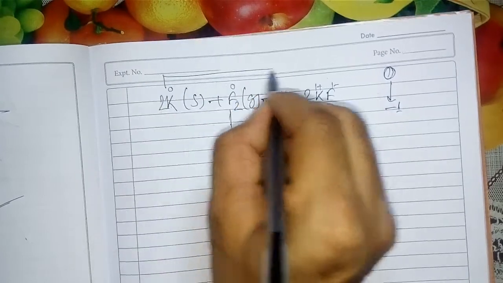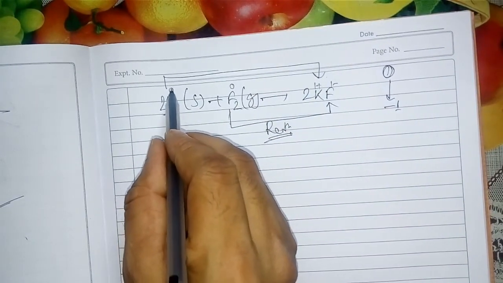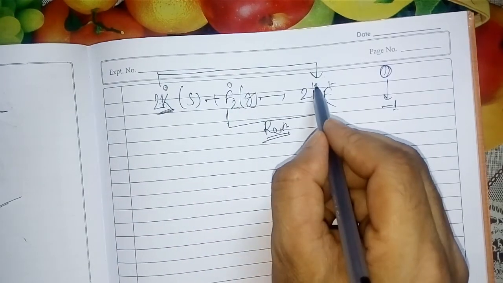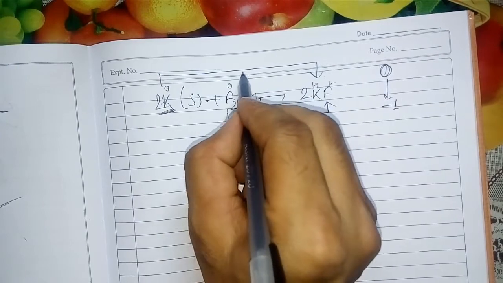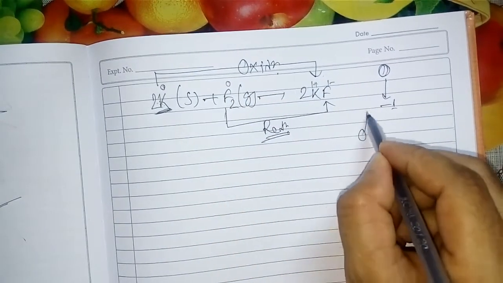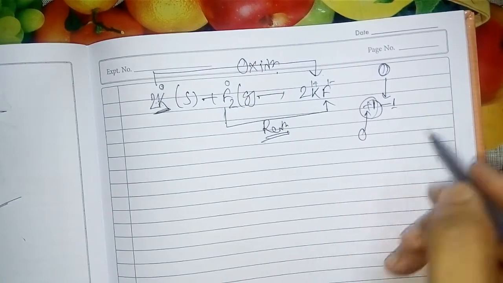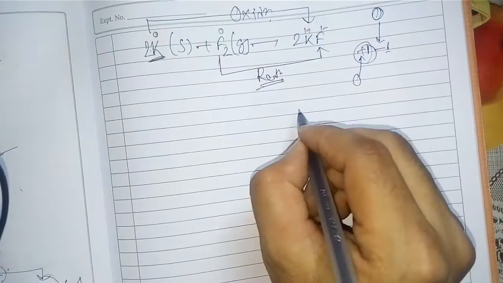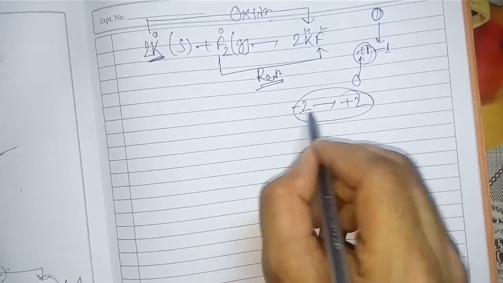And here potassium goes from 0 to plus 1, so the oxidation number increases. If the oxidation number increases, it is called oxidation.